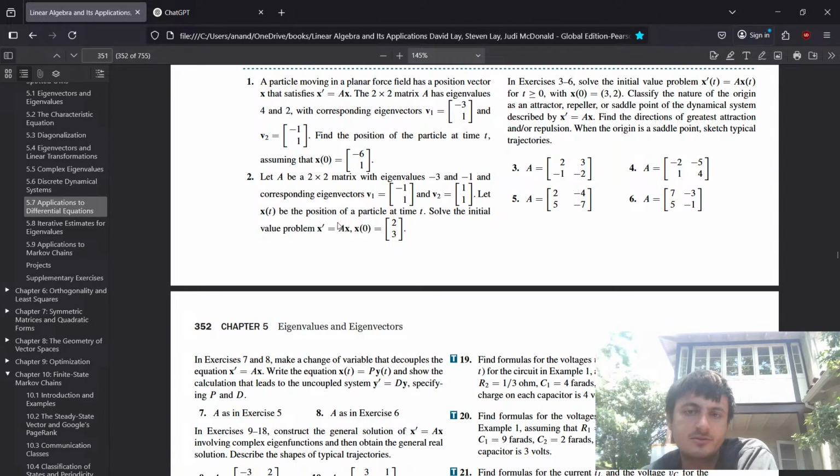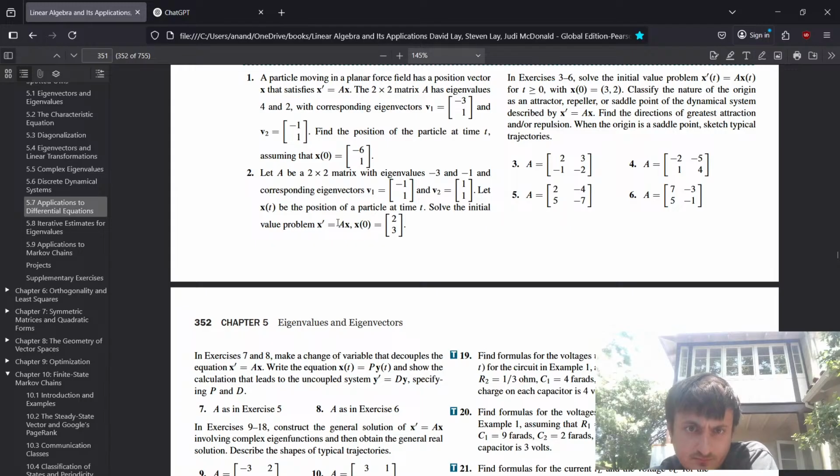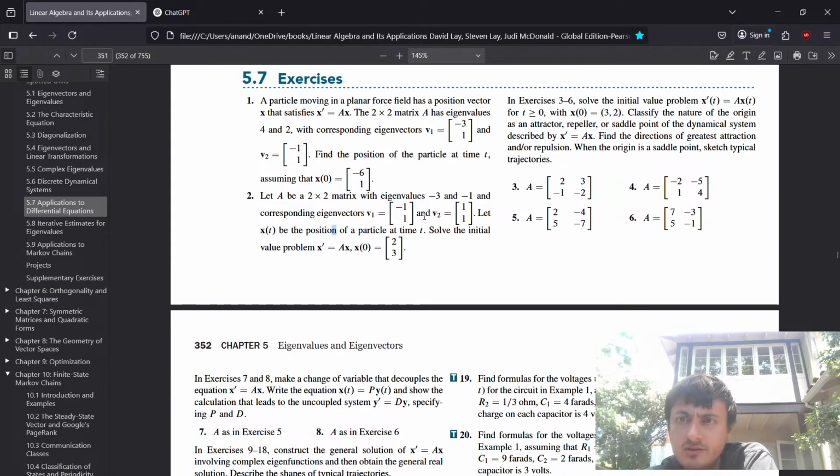Okay, let A be a 2 by 2 matrix. Okay, IVP. Solve the IVP.